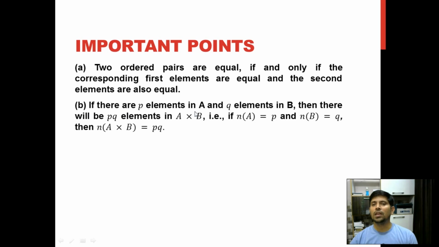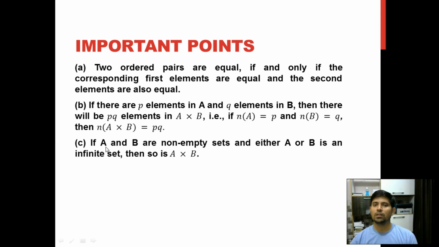If there are p elements in set A and q elements in set B, then there are pq elements in A cross B. Symbolically, we can say A has p elements and B has q elements, then A cross B has p into q elements.